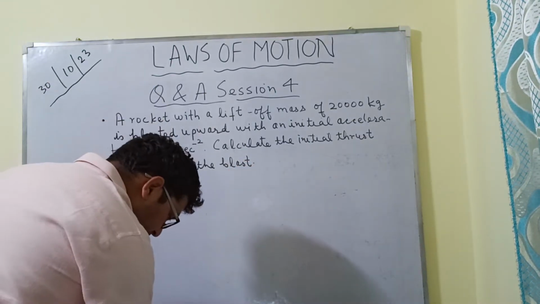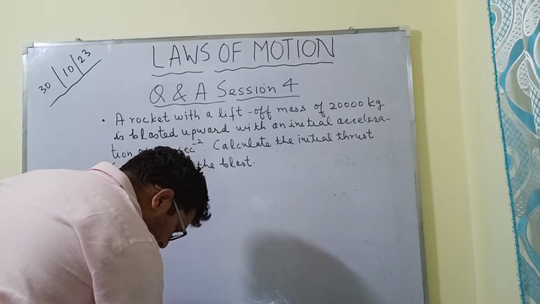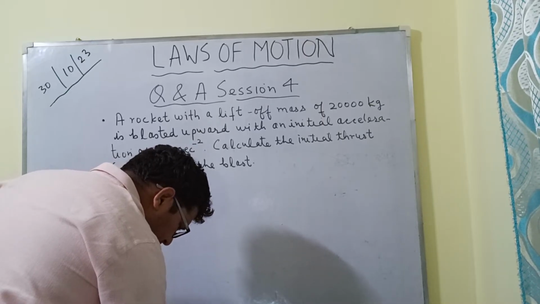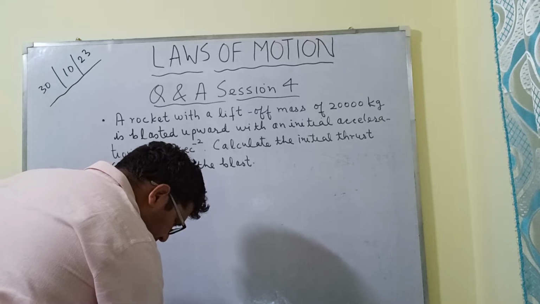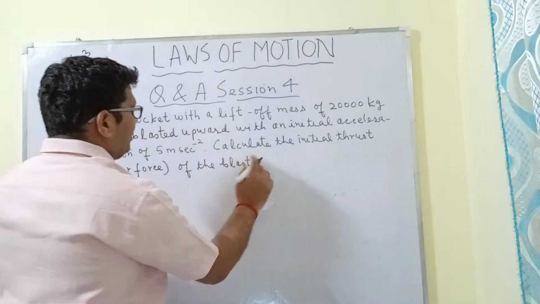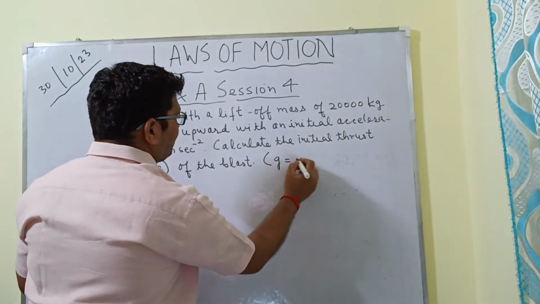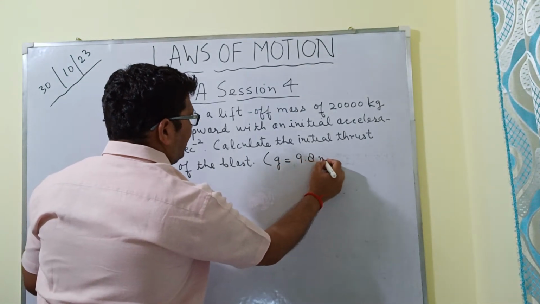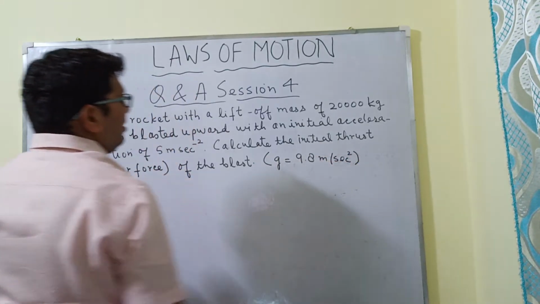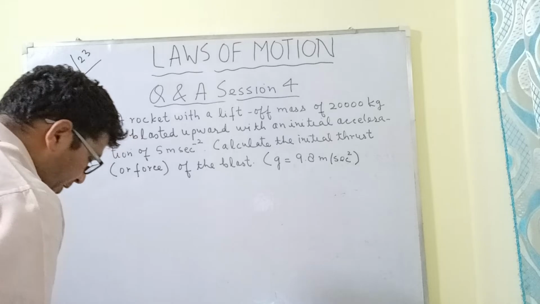And here the value of the acceleration due to gravity, g, has to be taken as 9.8 meter per second square. So this is the question.